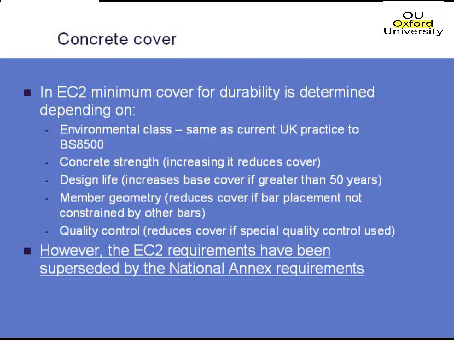The probability of you achieving that is less than if you have a slab, just because you don't have the links involved. Because of that, if you do have a beam, you get slightly penalized on the cover side, and you end up with a slightly bigger cover than if you had a slab, just because of the ease of placement of reinforcement within that section.